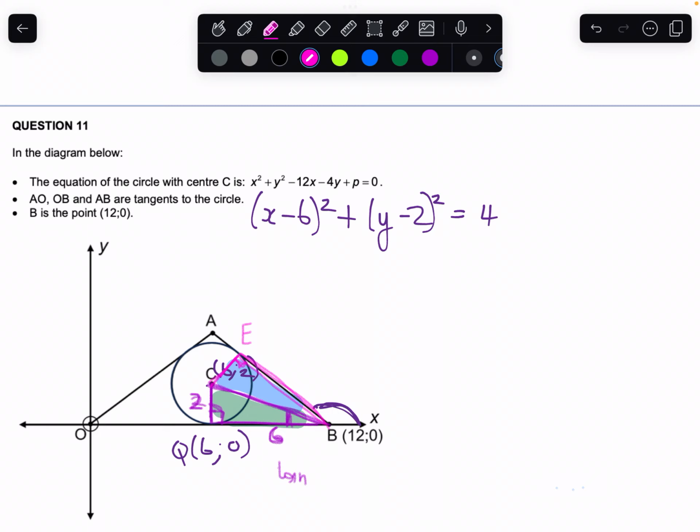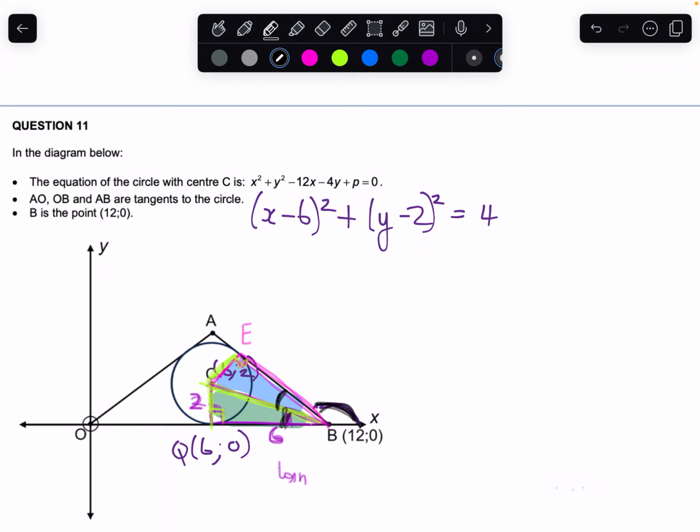They're congruent because we have a 90 in both triangles. This side is equal to this side because they're both radii and they have a common hypotenuse, so they are congruent, meaning that this angle over here is equal to this angle over here. Okay, which we could then use to find this angle.